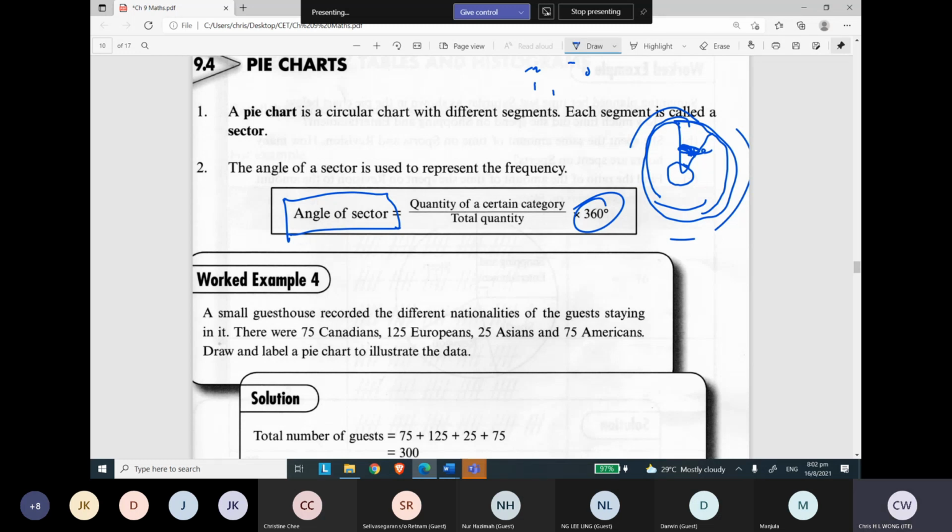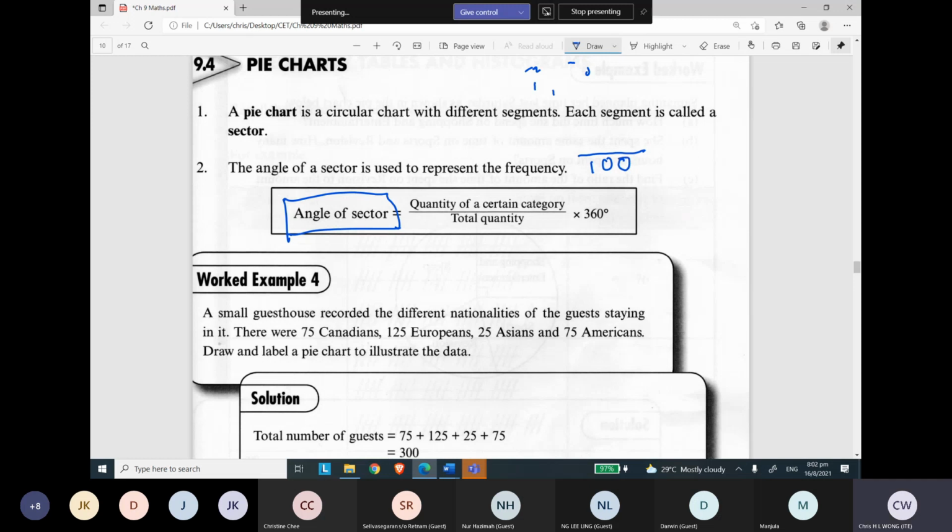So what does it mean? Let me give one example. Let's say I have altogether 100 staff in the school.